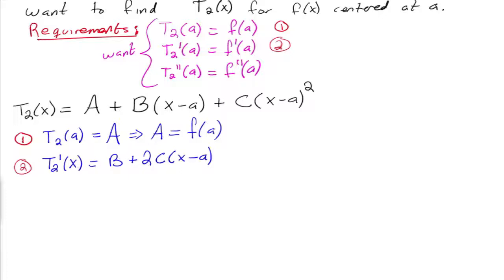And I want that T2 prime at a, which is equal to what? If I plug a into that expression, what would I get? B, right? So what do I want that to equal? I want that to equal f prime at a. So that means that b has to equal f prime at a, right?